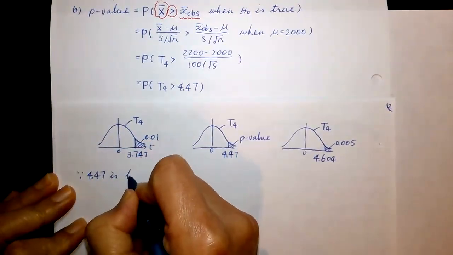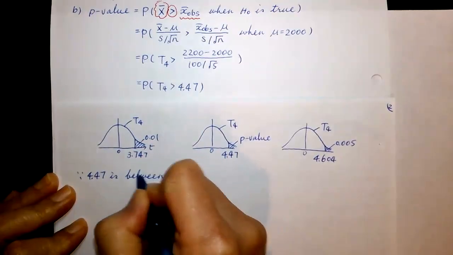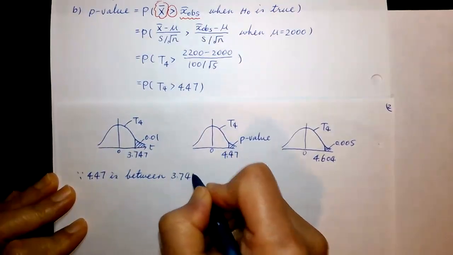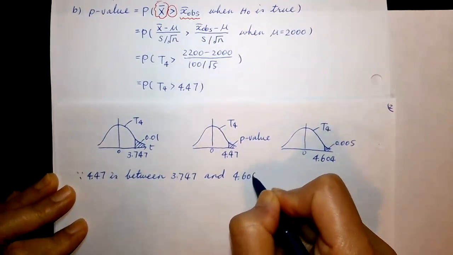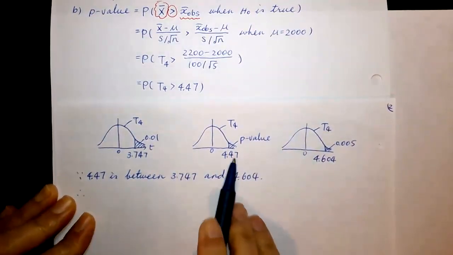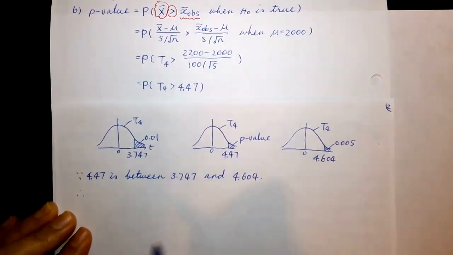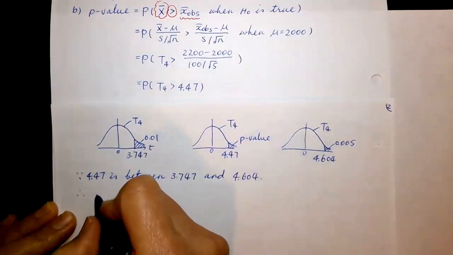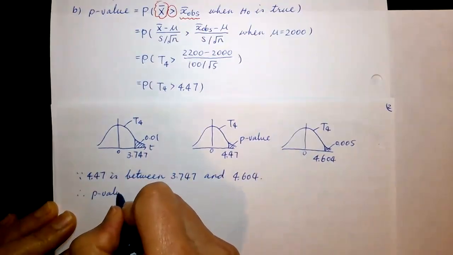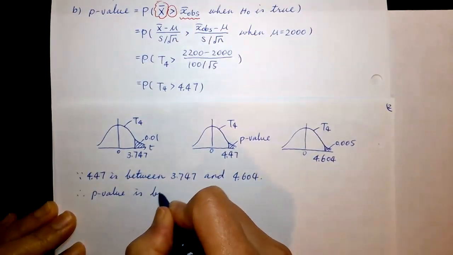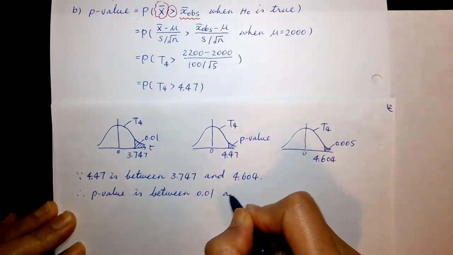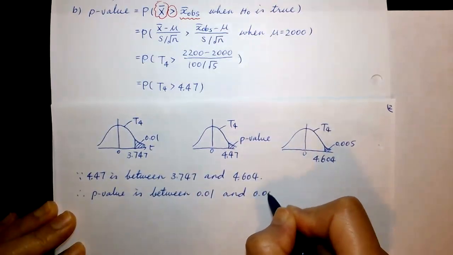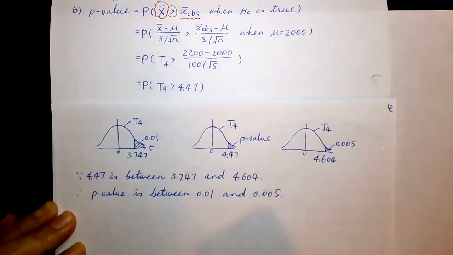So this 4.47, because this value is between these two, so the probability, this p-value, is between these two.